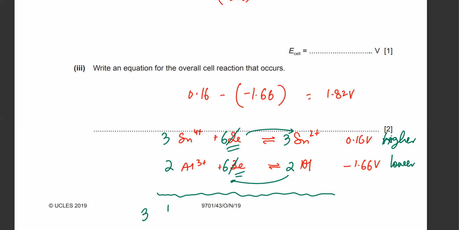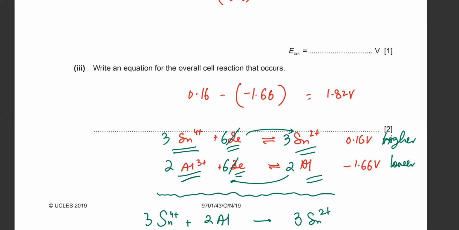You're going to add up the reactants. In the first one, the reactant is 3Sn4 plus. And in the second one, the reactant is 2Al. And the products are going to be, in the first one, 3Sn2 plus, and in the second one, 2Al3 plus.